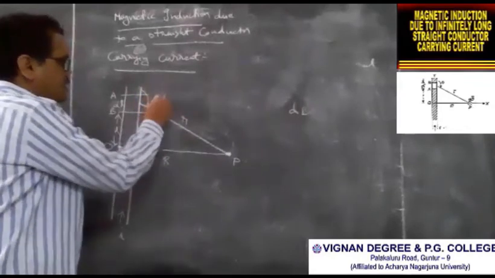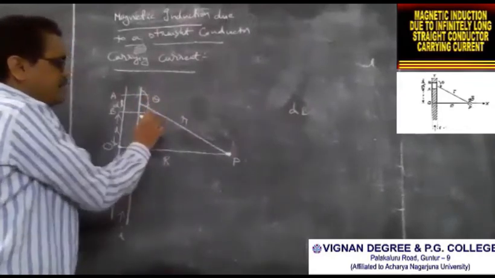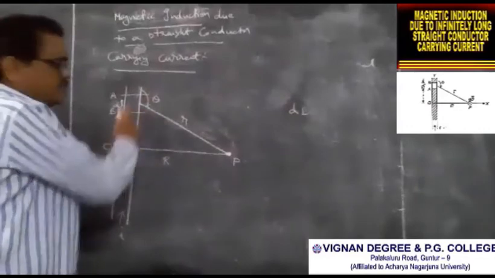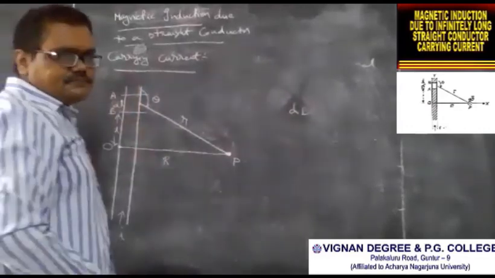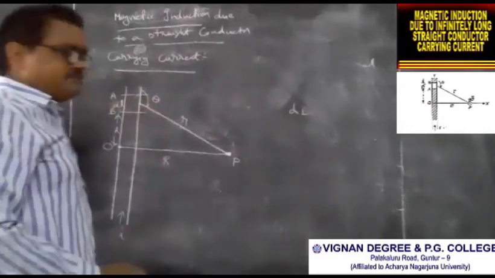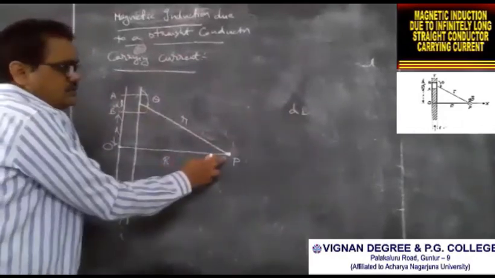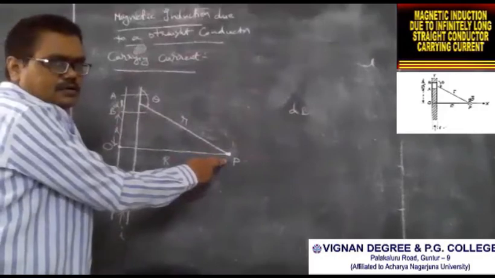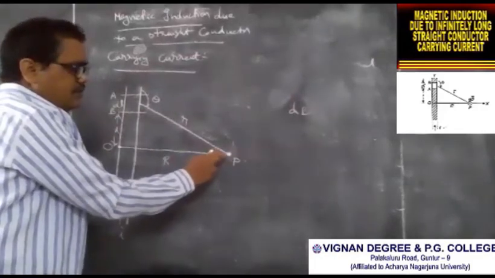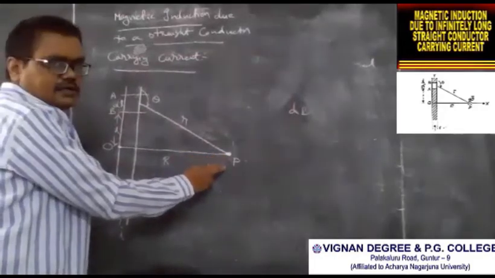Let theta be the angle made by the line with the direction of flow of current. Here we simply apply Biot-Savart law to find magnetic induction at point P.